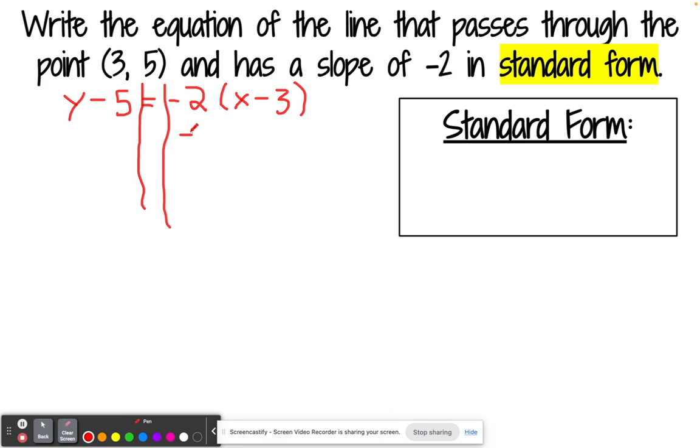I have negative 2x. And negative 2 times negative 3 is positive 6. And I still have y minus 5 on this side. So let's get rid of that minus 5 by adding 5 to both sides.